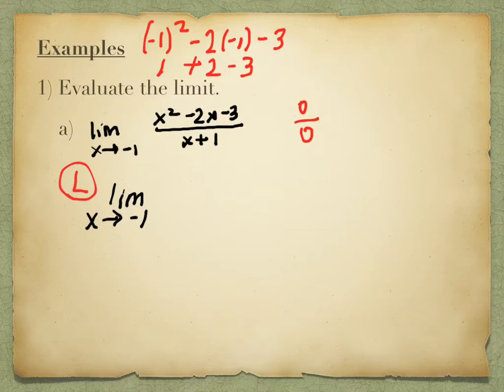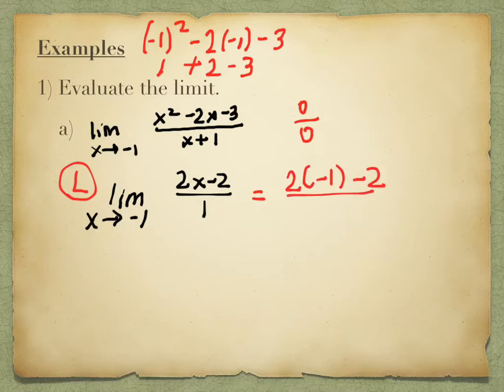I'm taking two separate derivatives, which is much easier than the quotient rule. What's the derivative of this numerator? 2x minus 2. And the derivative of the denominator? 1. And then we try again. We say, okay, let's plug in the number negative 1. So if you plug in the number negative 1 now, what do you get? Negative 4.